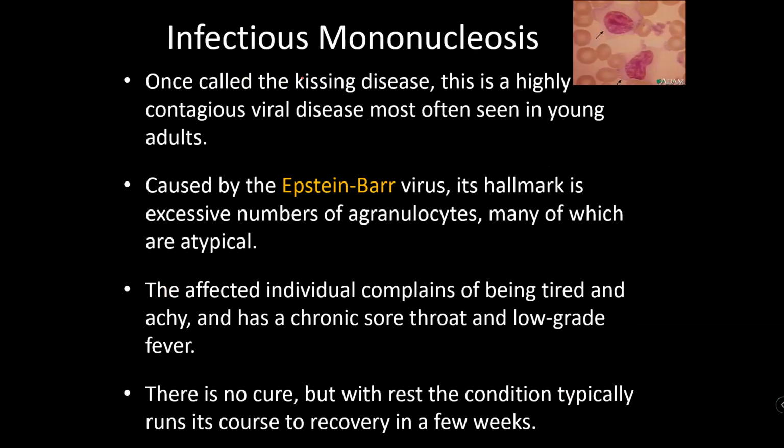Infectious mononucleosis is caused by the Epstein-Barr virus. Most people just call it mono. Mono is a viral infection that infects B cells. And it makes people churn out too many, again, broken lymphocytes. Honestly, Epstein-Barr and mono, it's one of the most common infections that is out there.